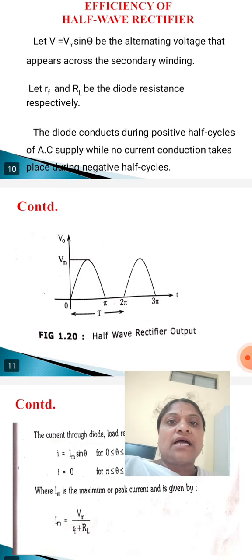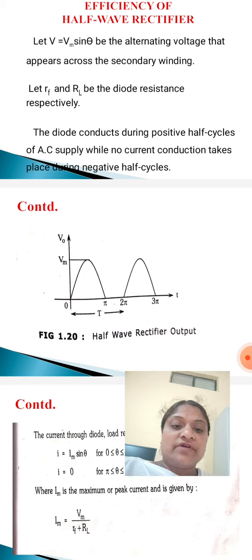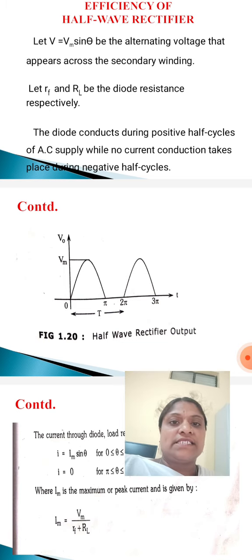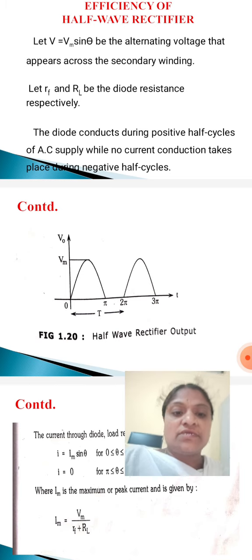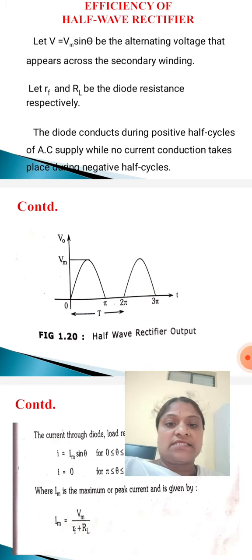Let RF and RL be the diode resistance and load resistance respectively. RF means forward resistance, RL means load resistance. The diode conducts during positive half cycles of the AC supply, while no current conduction takes place during negative half cycles. Okay.